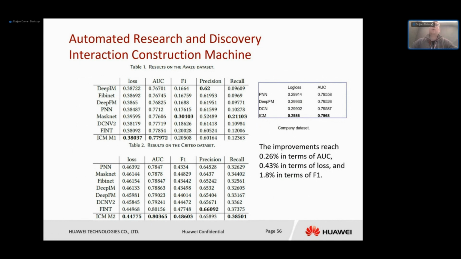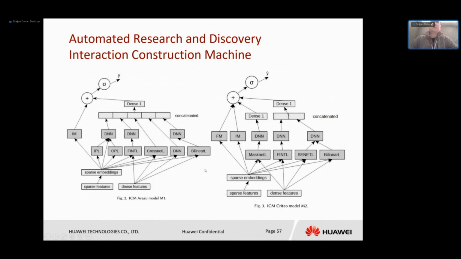And on the company dataset, we again achieve improvements on Huawei datasets. The architectures are shown like this, with the ICM M1 dataset on the left and the M2 dataset on the right. So different architectures are obtained for different datasets.